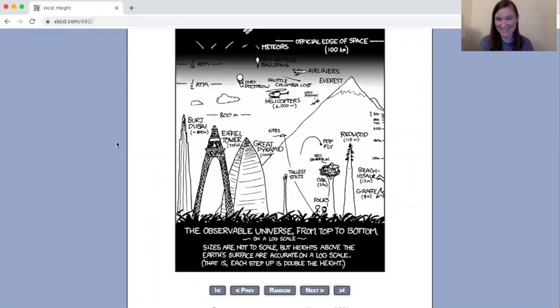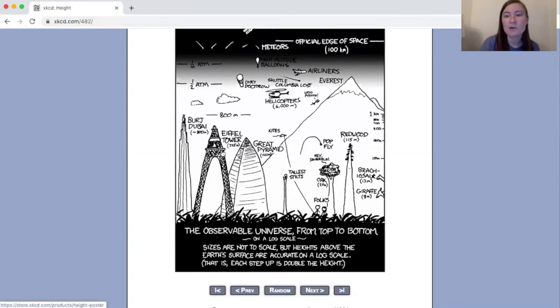This is XKCD, and this particular strip is the observable universe, but drawn on a log scale, right? And so what a log scale lets you do is see both large and small things with a pretty good amount of detail.